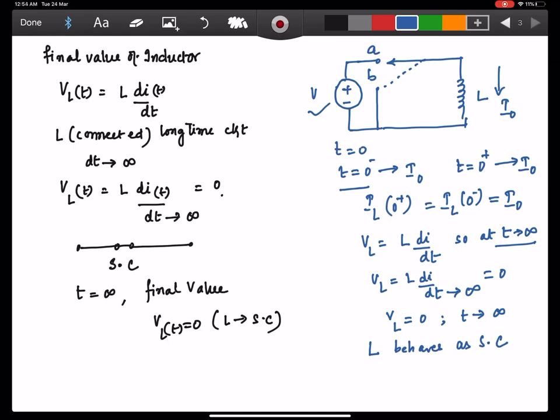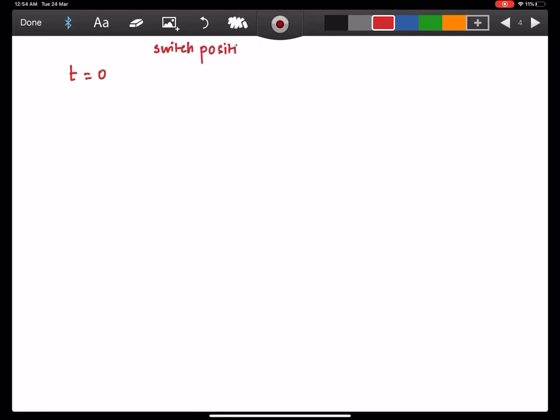Let us conclude the session with a few remarks. At t is equal to 0 minus, it will be just before switching, and your inductor will act as an open circuit.